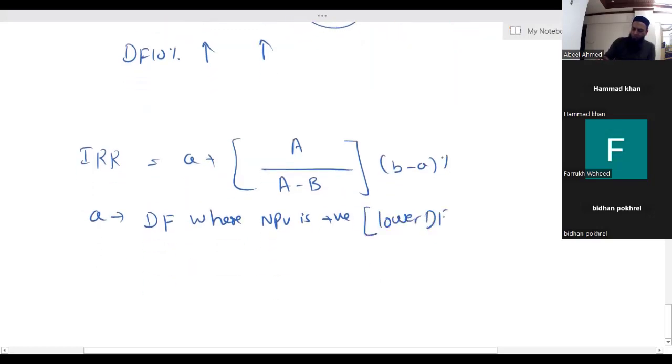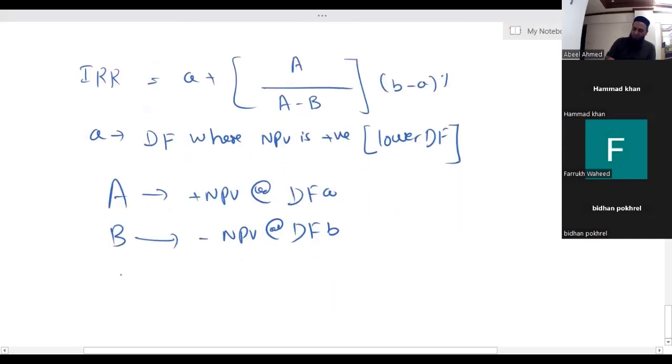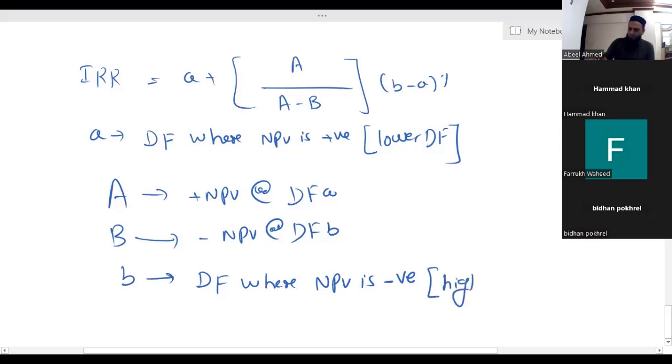Capital B is the negative NPV, at the discount factor small b. And small b is the discount factor, the cost of capital, where NPV is negative. Or you can say higher discount factor.